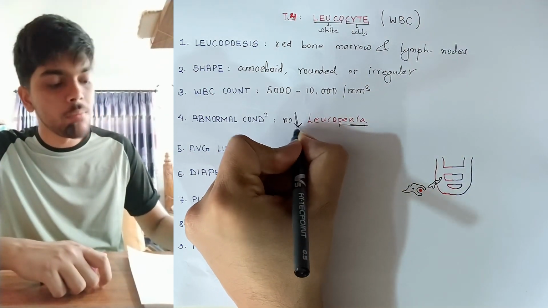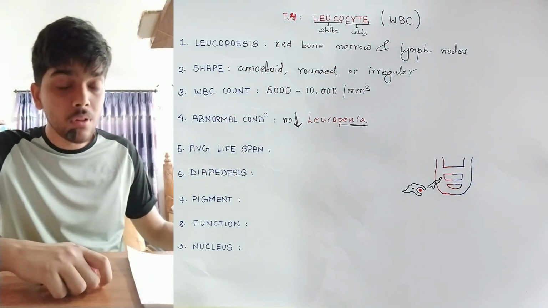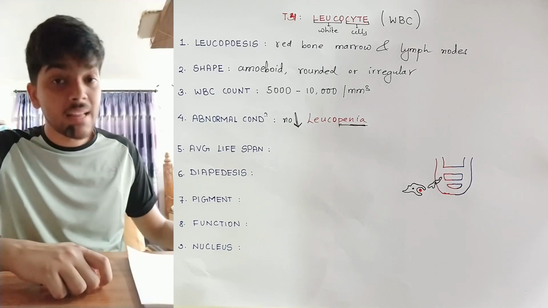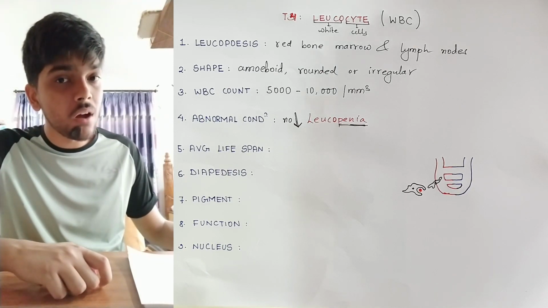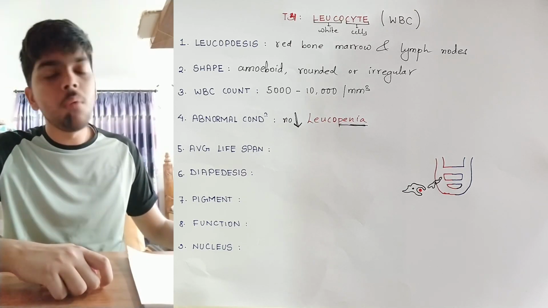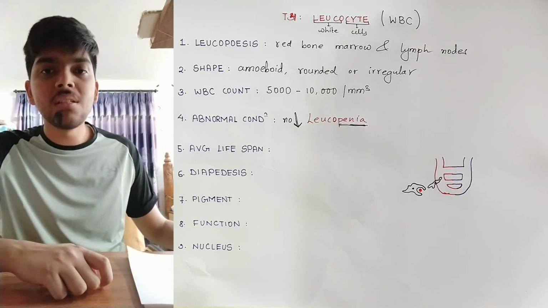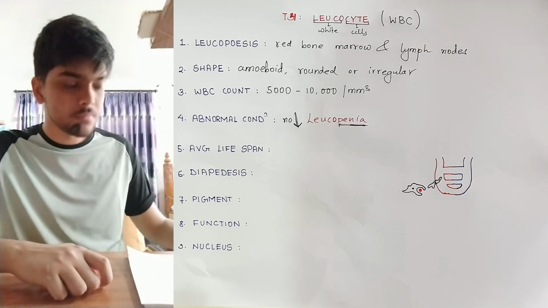That's just one way of remembering it. Because if the RBC or erythrocyte count is less than normal, you would say it's the abnormal condition of erythropenia. Similarly, when WBC count is less than normal, then that abnormal condition is leukopenia.